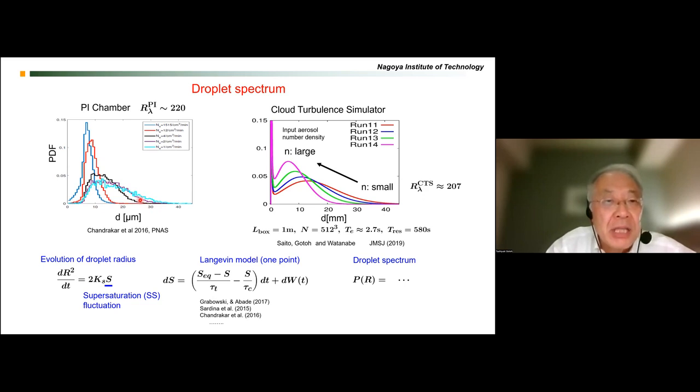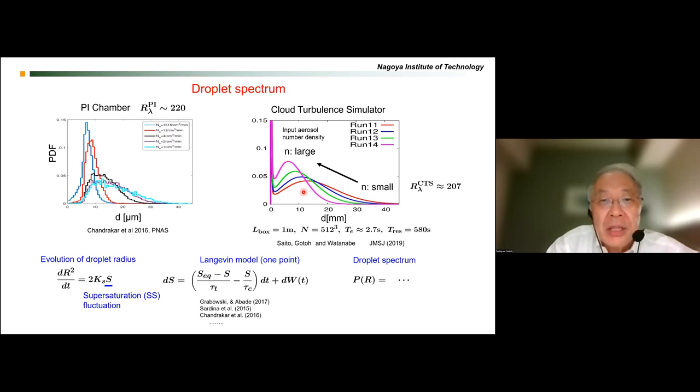But when the aerosol number is increased, the peak of the PDF moves toward the smaller size, and the width of this distribution gets narrow. The same trend was observed by our cloud turbulence simulator.